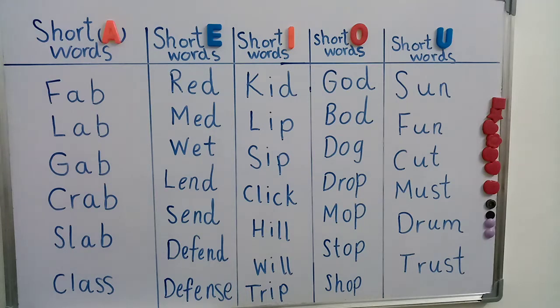Today I'm going to give you examples about the short vowel words, or the mid-short vowel words, as you can see on the board. Before I start reading these words, please let your child also try to read these words by himself or by herself.